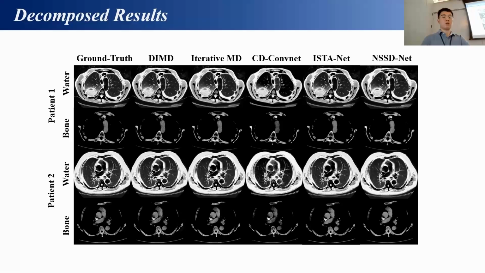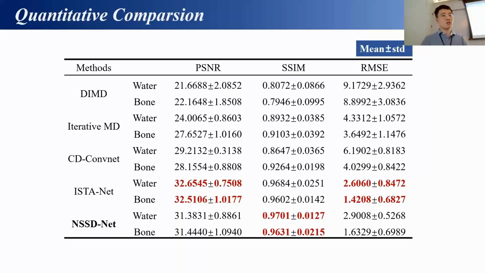Oh, you mean at different energies? The noise properties here should be the same if I understand correctly. If you got the basis materials, it is energy independent. The noise properties is a linear process if you want to generate different images. Sure, you can do that. But if you go to the next slide, for example, you're reporting PSNR, SSIM, and RMSE based on the basis images.